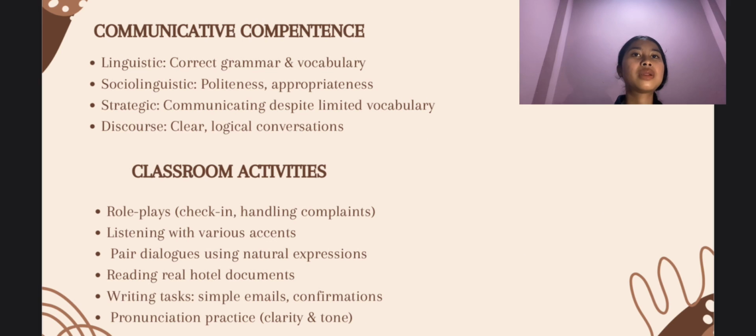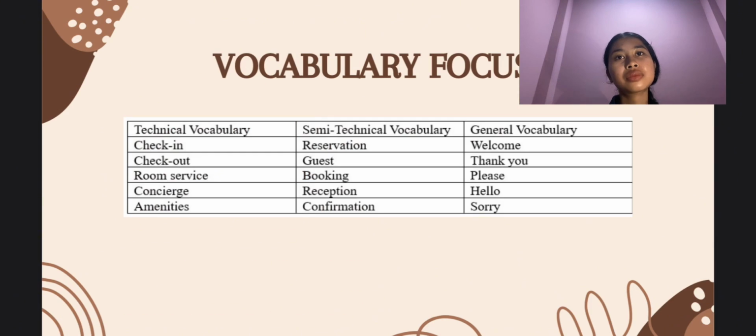Dialogues and pair work, for example, practice natural expressions. Reading tasks, for example, sample bookings and guest reviews. Writing tasks, for example, simple emails, notes, and confirmations. Pronunciation practice, for example, focus on clarity and tone.